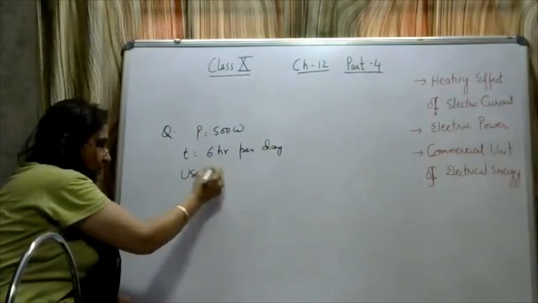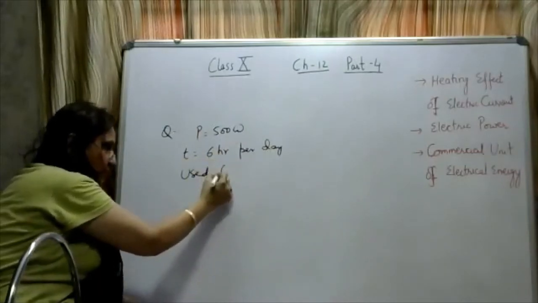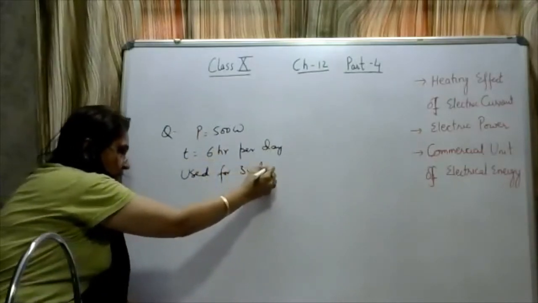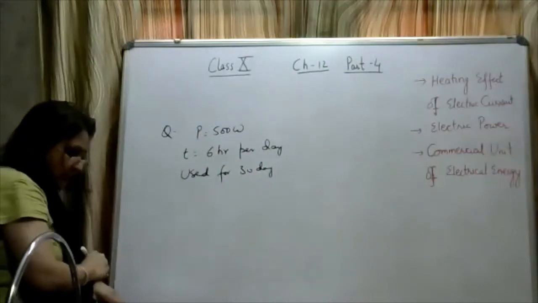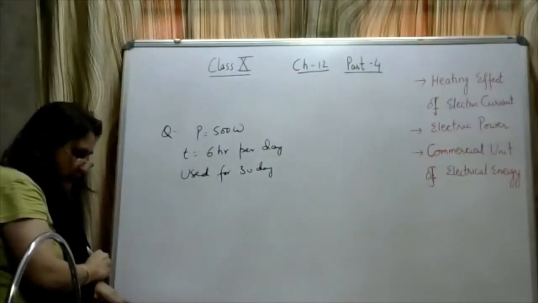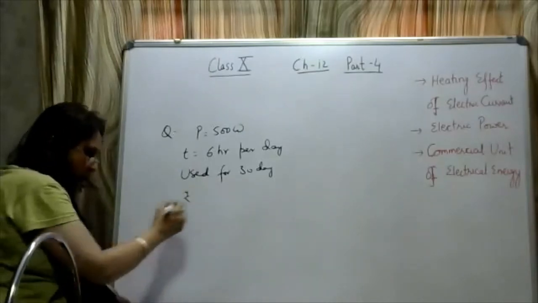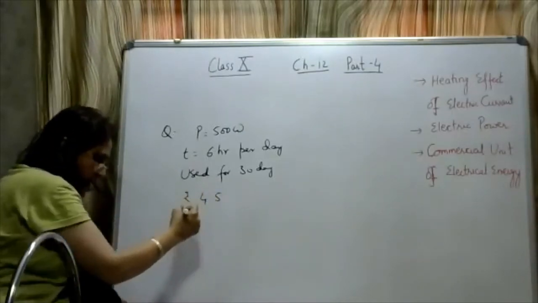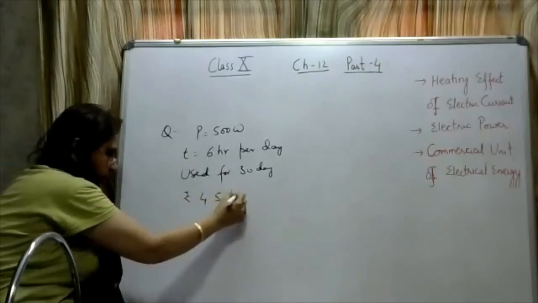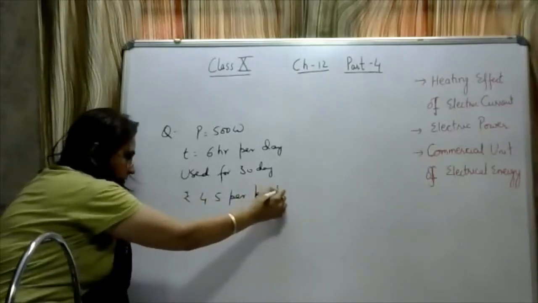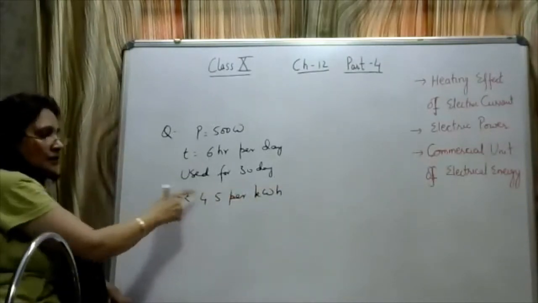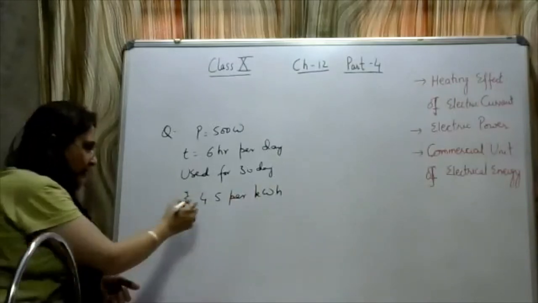So it is not only used for 1 day, it is used for 30 days, and you have to find out the cost of the electrical energy, if it is 4.5 rupees per kilowatt hour, that is, for 1 kilowatt hour the cost is 4.5 rupees.